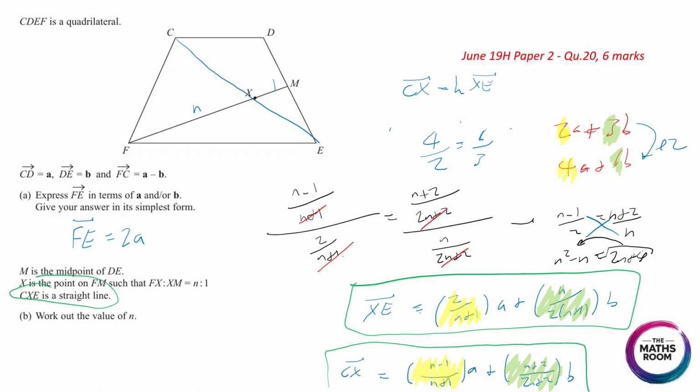So n squared minus 3n minus 4 is 0. Clearly n minus 4, n plus 1. N is minus 1, can't happen. N can't be negative. So our n will be 4.